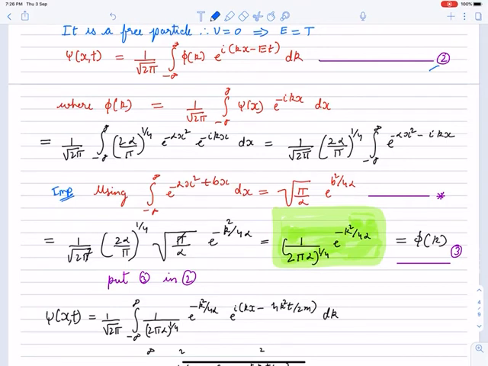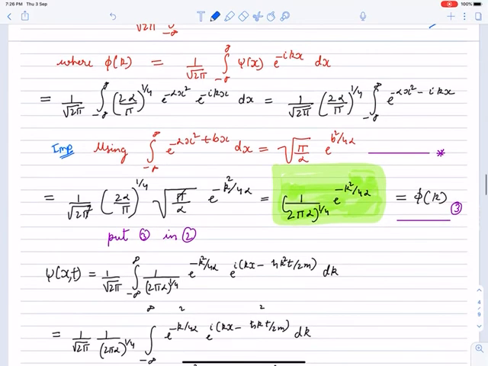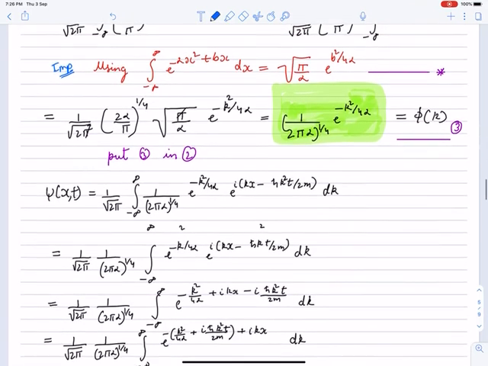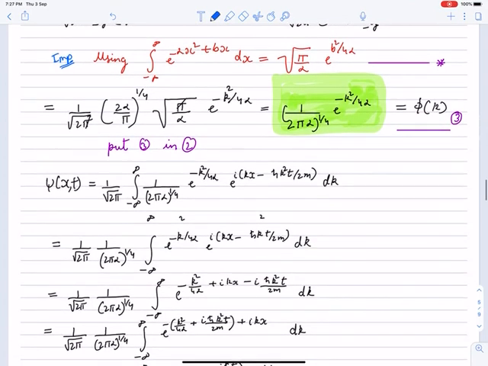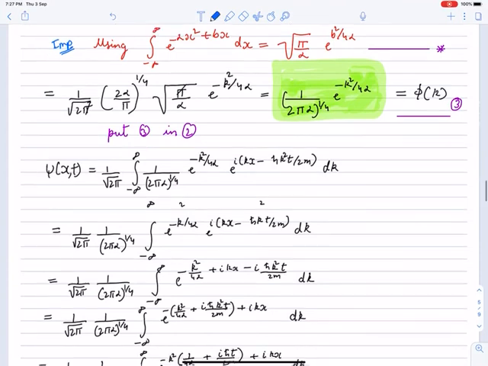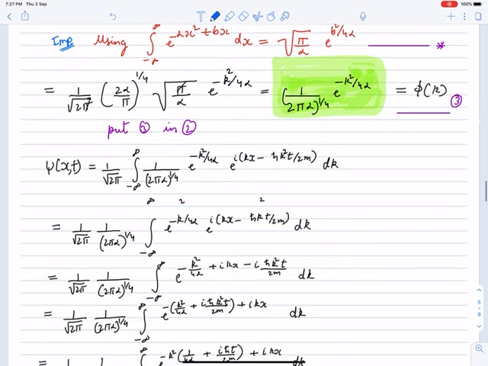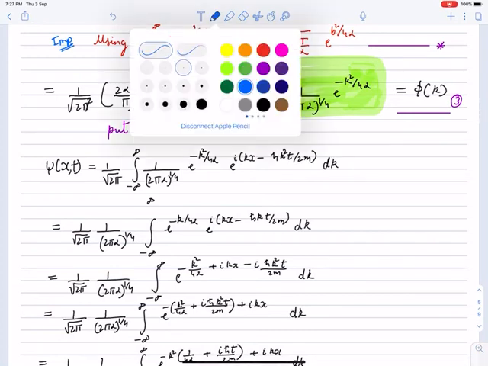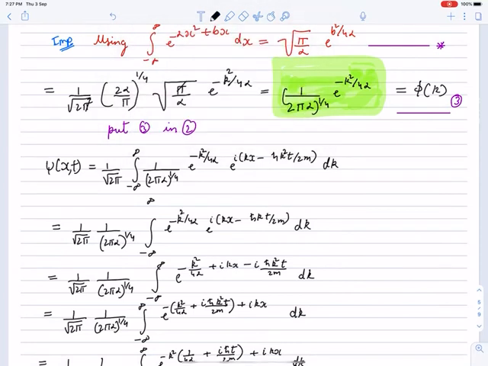Put 3 in 2. When you put 3 in 2, you will get psi x t. This is a calculation you can do. The k square might have shifted upwards, I don't know why, but okay, now it is clear.